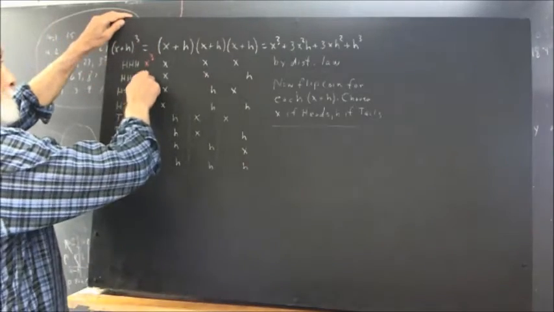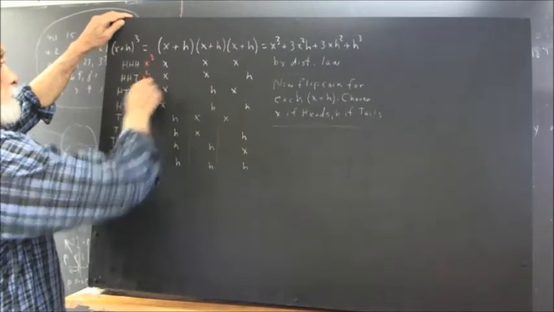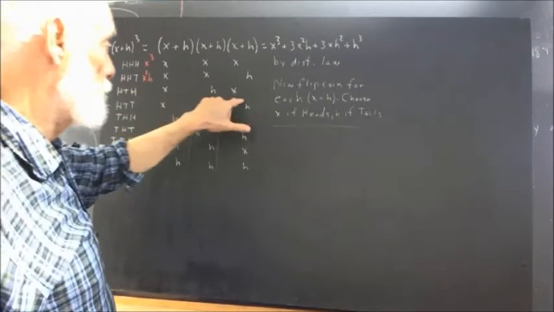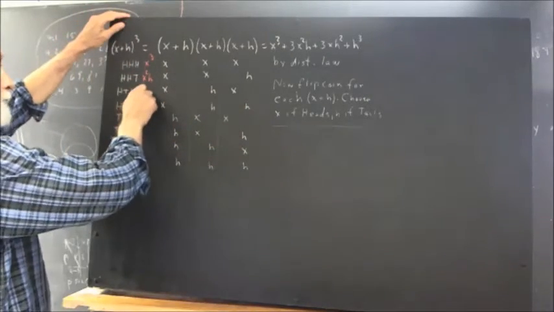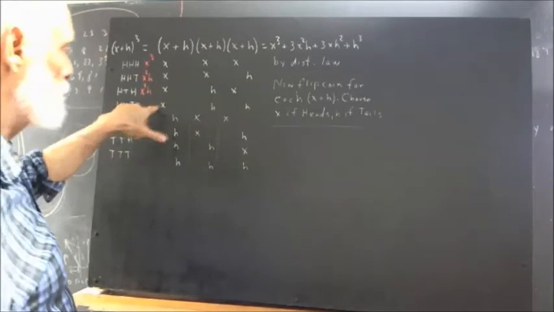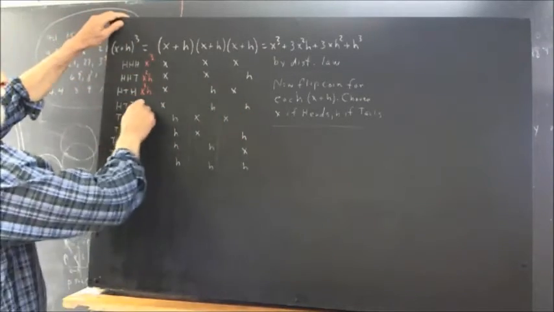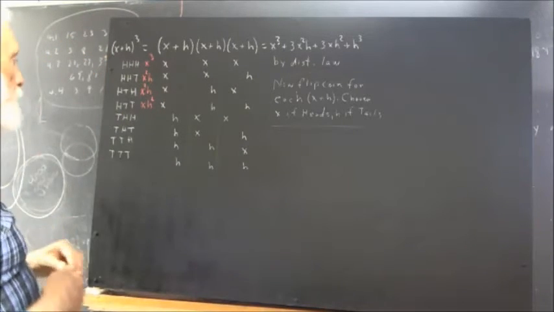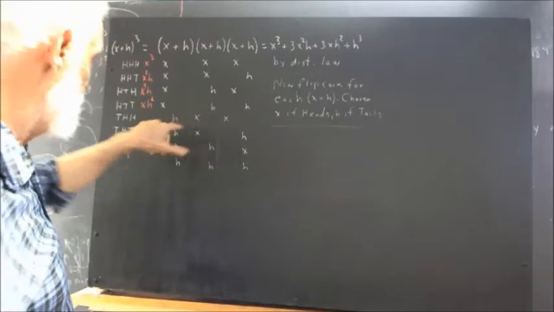Then heads, tails, heads gives us x, h, x. Well, that's also x squared h. Heads, tails, tails is x and 2 h's. That's x, h squared. Tails, heads, heads: well, we got 2 x's and an h.